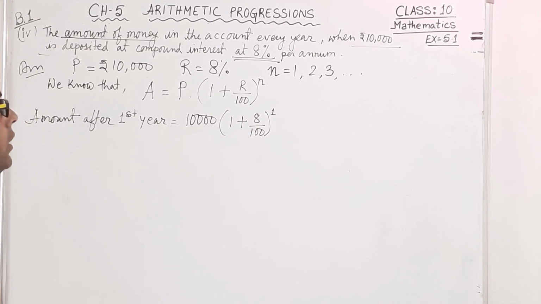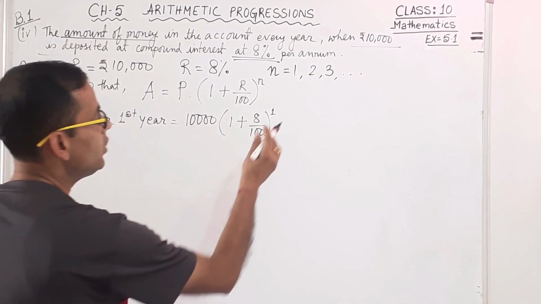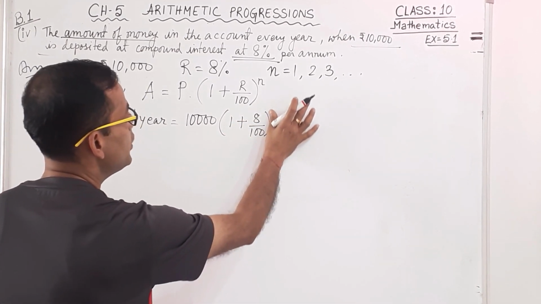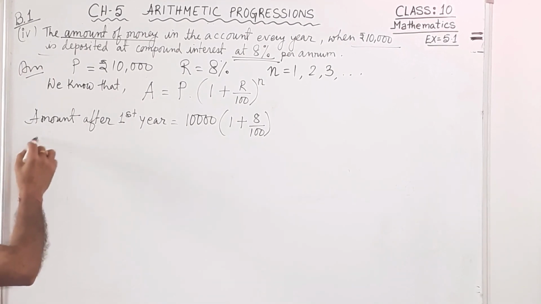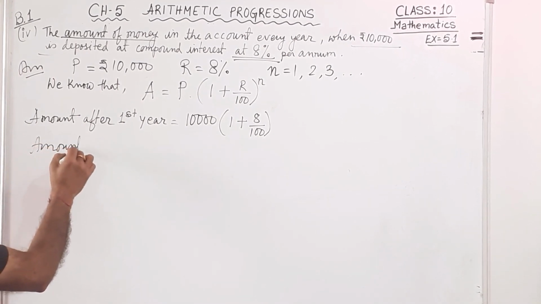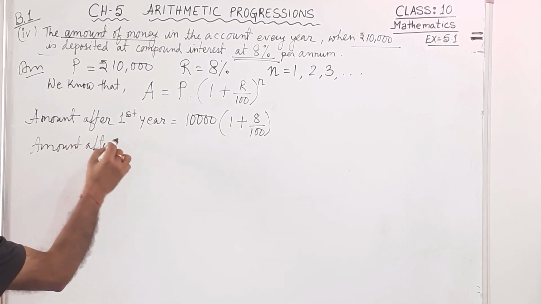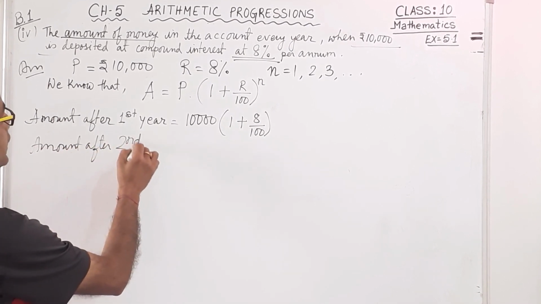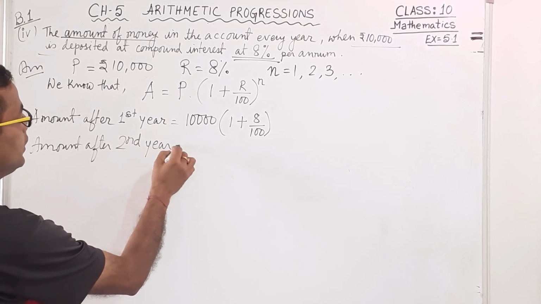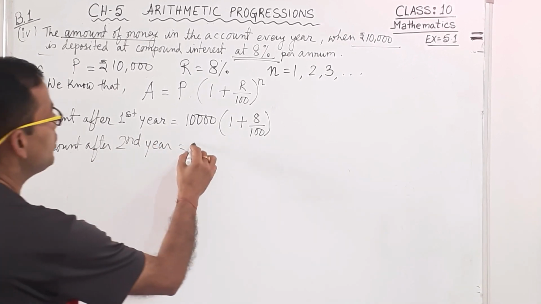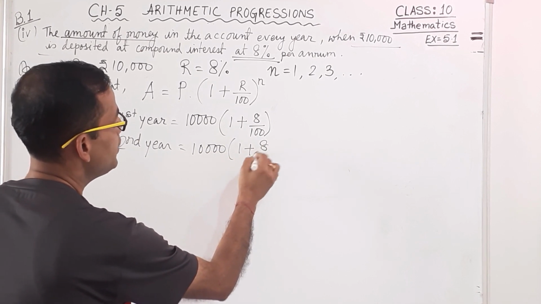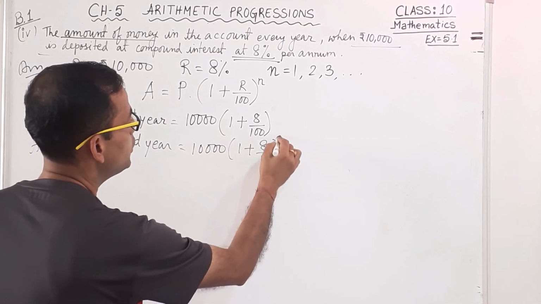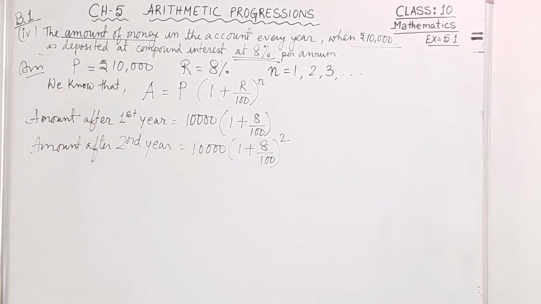To the power 1 we don't write only. Then amount after second year, that means 2 years. So that time it will be 10,000, 1 plus 8 by 100 to the power 2. So here 2 you have to write.